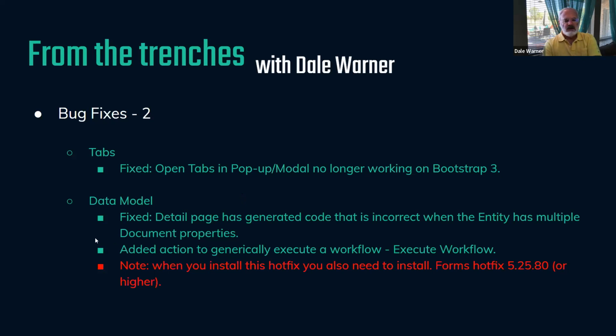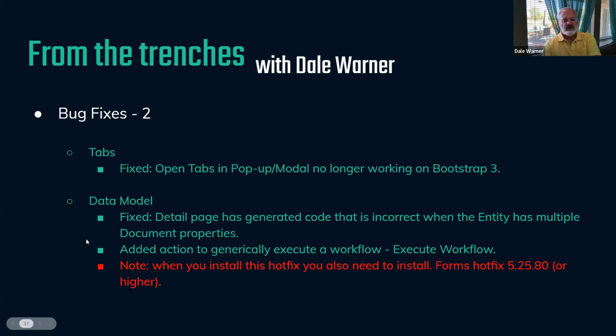And within our data model, the second fix is that the detail page, when we generate code, when you create an entity, it wasn't correctly handling when you had multiple documents. So we've improved our code for what's automatically generated.